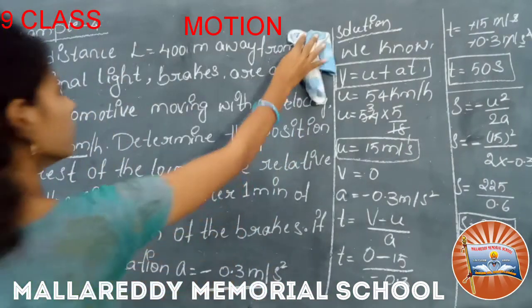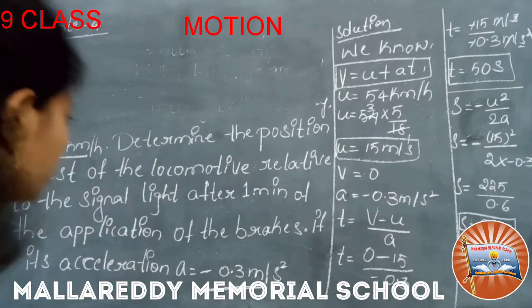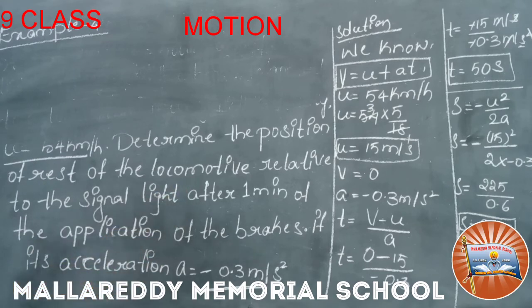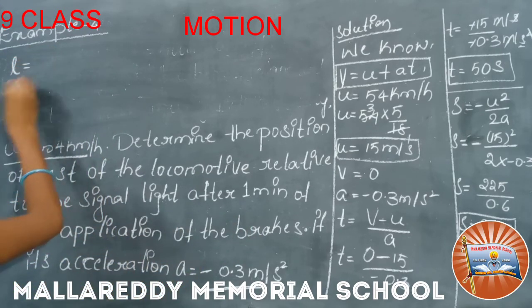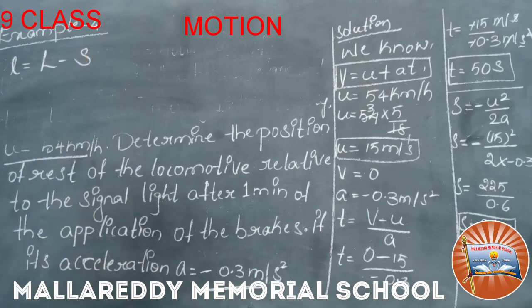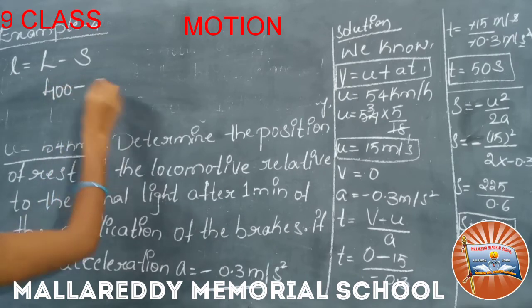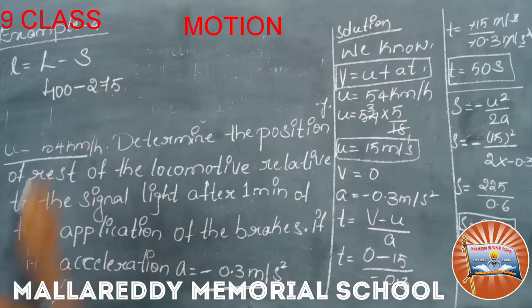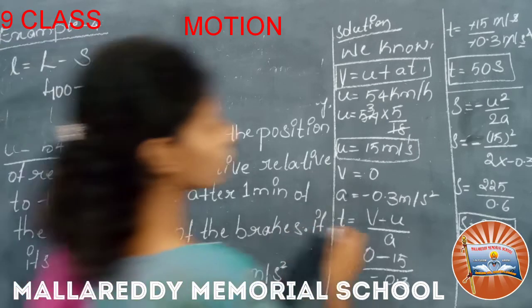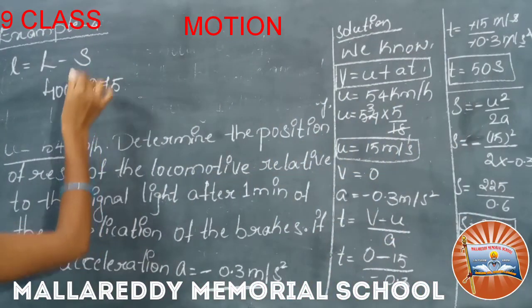Now we can find the position of the locomotive relative to the signal light after 1 minute of the application of the brakes. So we know capital L equals 400, s is 375.